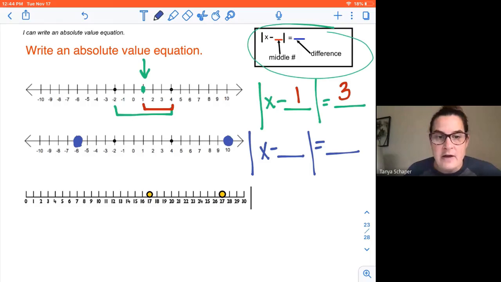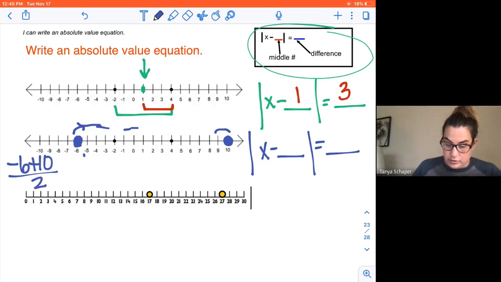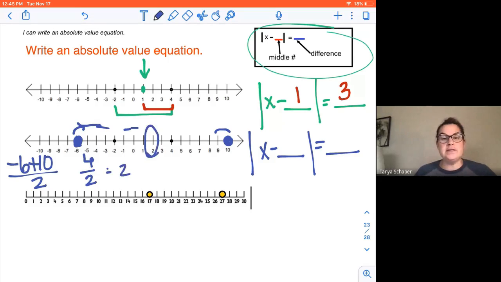So the middle of negative 6 and 10. I can either count in all the way to the middle, or I can say negative 6 plus 10 and divide that by 2. So 4 divided by 2 is 2. So the middle number is going to be 2. It's the average of the 2 numbers.